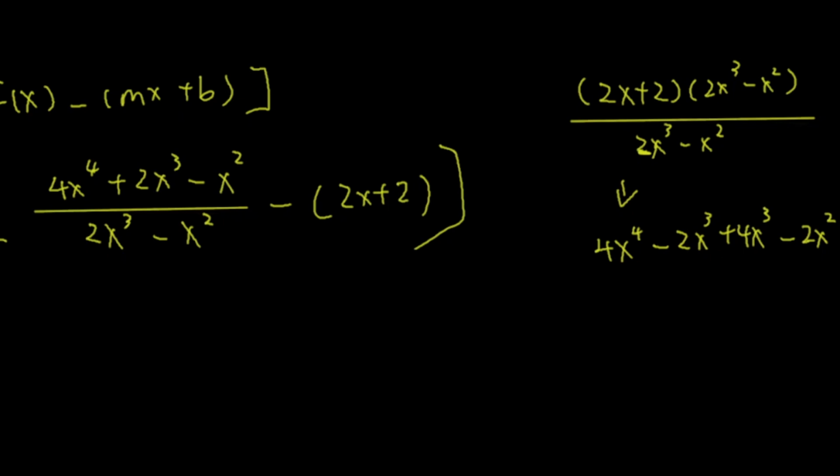Okay, I can write that here. Plus 2x cubed divided by 2x cubed minus x squared. Okay, so this is this here now.